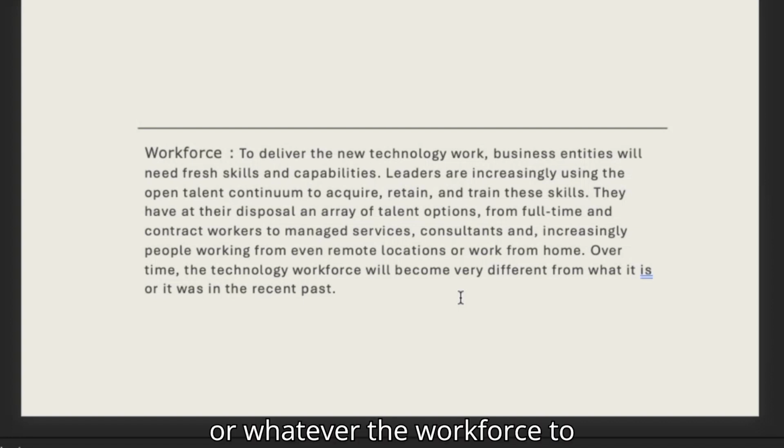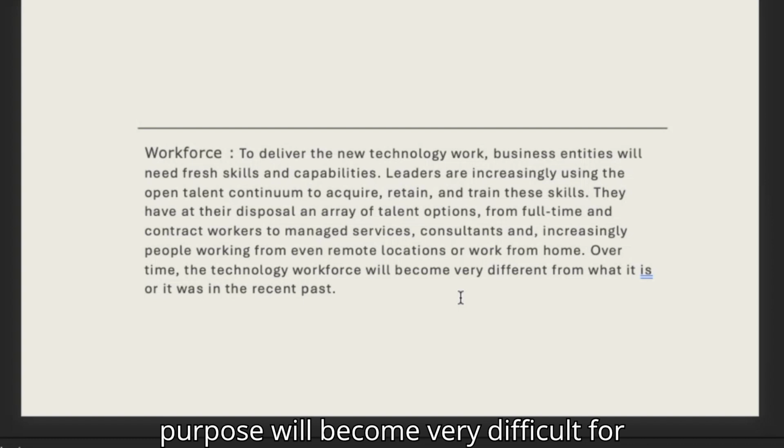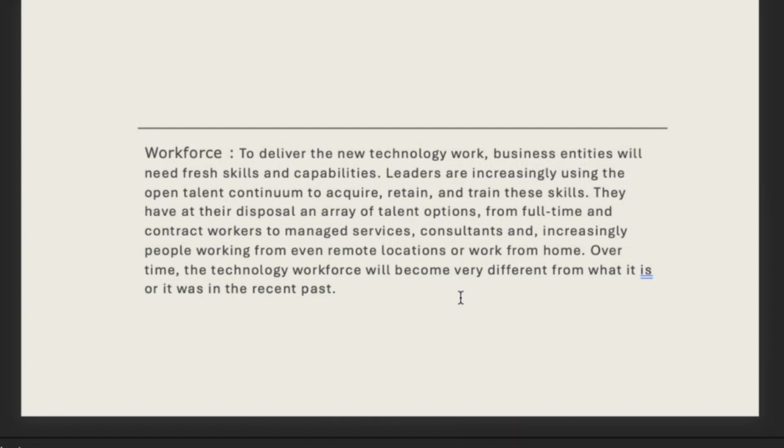Now, what about the workforce? To deliver the new technological work, business entities will need fresh skills and capabilities. That is, leaders are increasingly using the open talent continuum to acquire, retain, and train these skills. Over time, the technology workforce will become very different from what it was in the recent past.